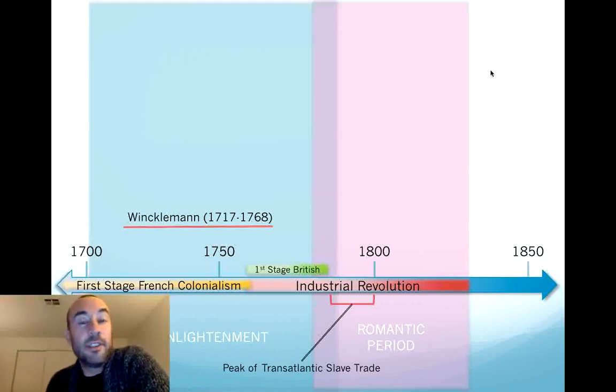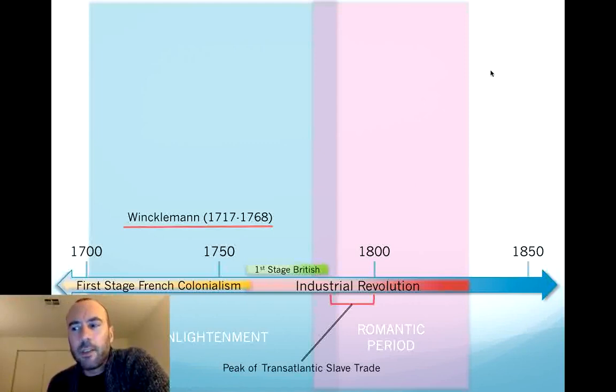And then there was the slave trade, right? That was a source of free labor for these cash crops, for things like tobacco and sugar and cotton, and to a lesser extent coffee, things like this, right?